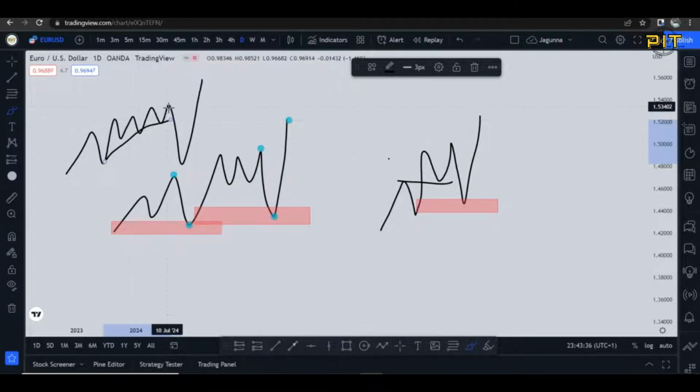And then you feel okay, price should come, respect this trend line and push to the upside, not knowing that price is trying to come down to the demand zone printed here, that price didn't really mitigate, and then push price to the upside.